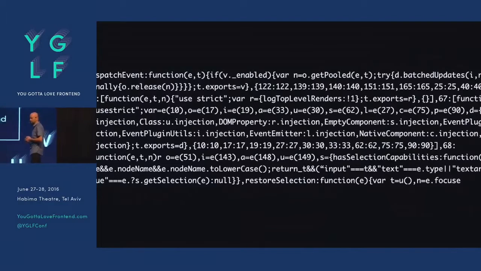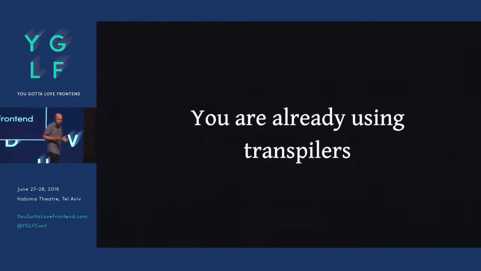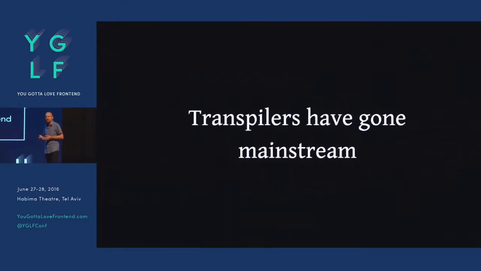And I'm sure that almost everyone here has a minifier in his production pipeline, right? You are all already using transpilers. The transpilers have gone mainstream. They're no longer fringy technology. All the technologies that I just mentioned have code transformation, a transpilation at their very heart.